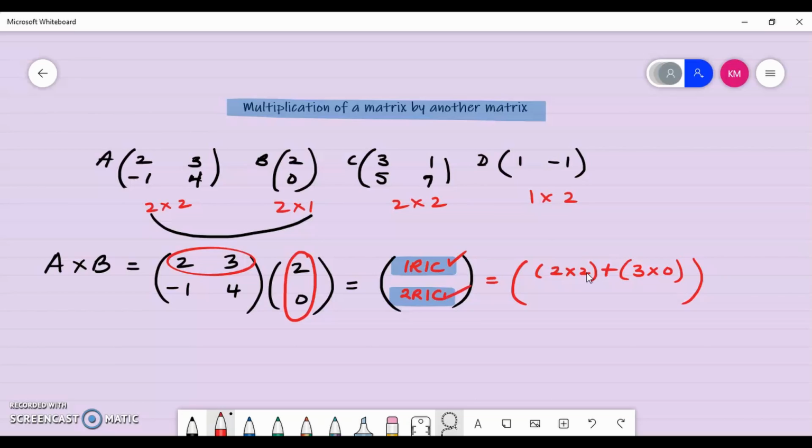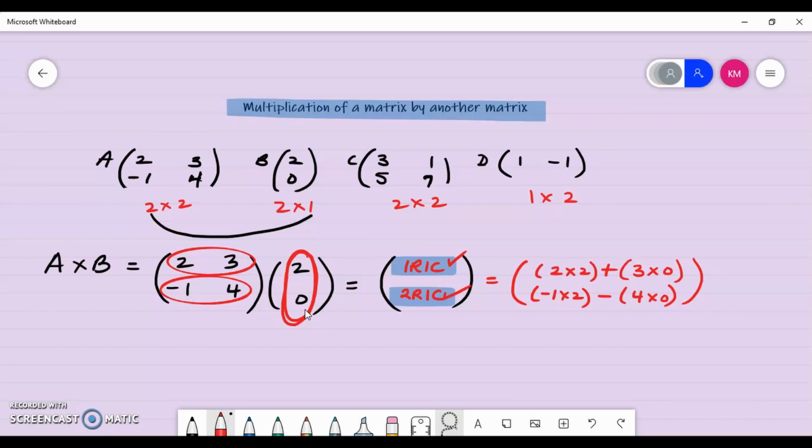Now I am seeing here my second row needs to be multiplied by my first column. So my second row by that first column, it's going to be -1 by 2 and 4 by 0.